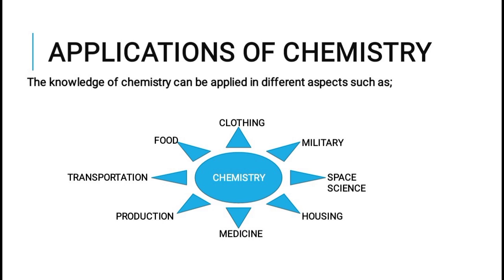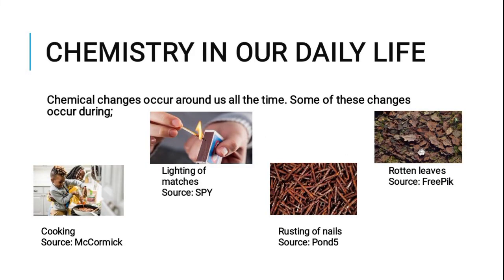photography, and so on. Let's go on to talk about chemistry in our daily life. There are so many things that happen around us that chemistry is involved in. Let's talk about some of them. Number 1 is cooking. Another is lighting of matches.